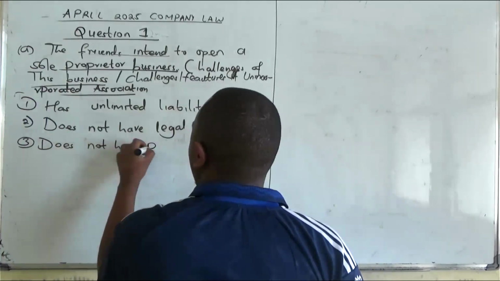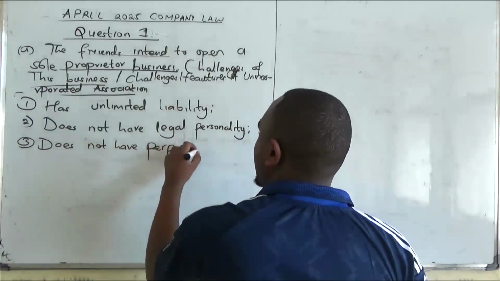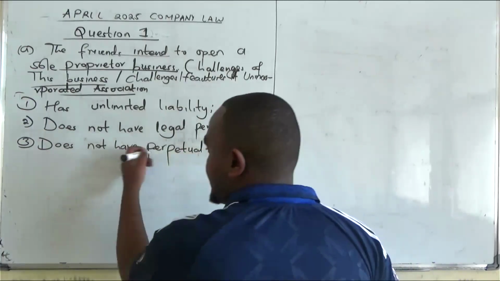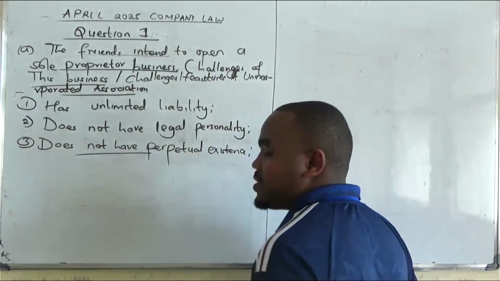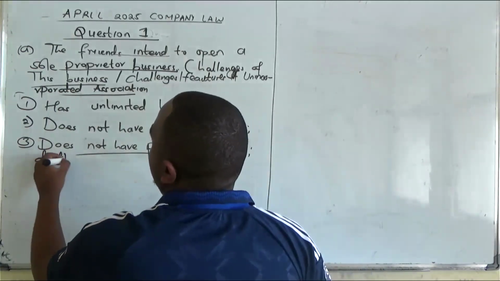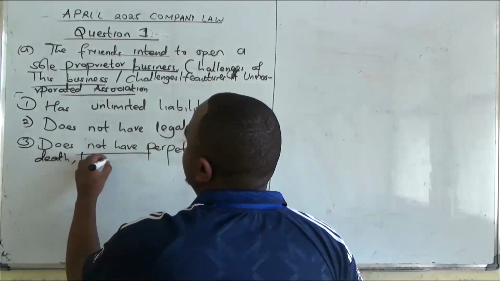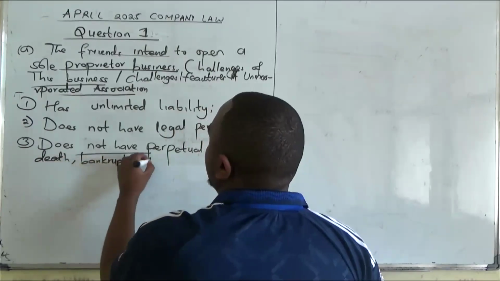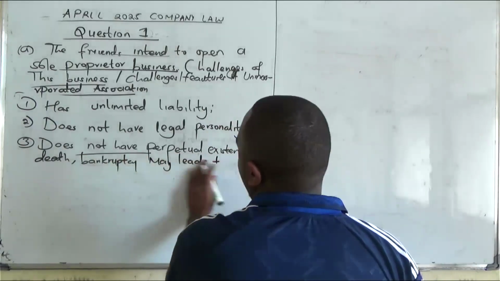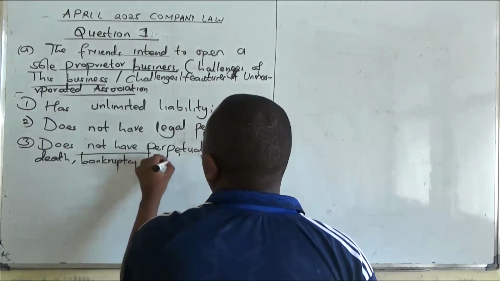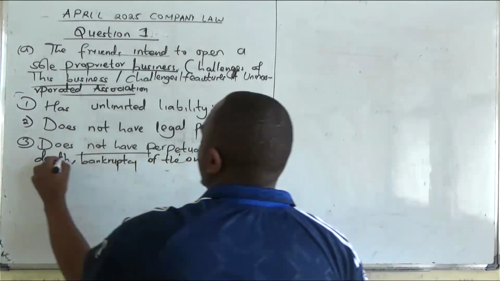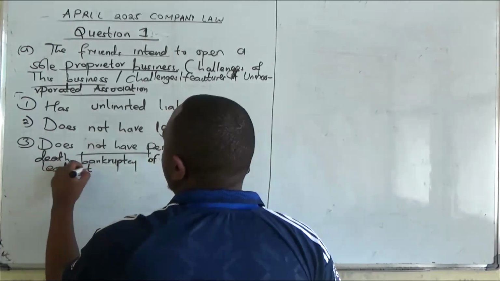Instead of saying that, you can explain that the death or bankruptcy of the owner may lead to its closure.